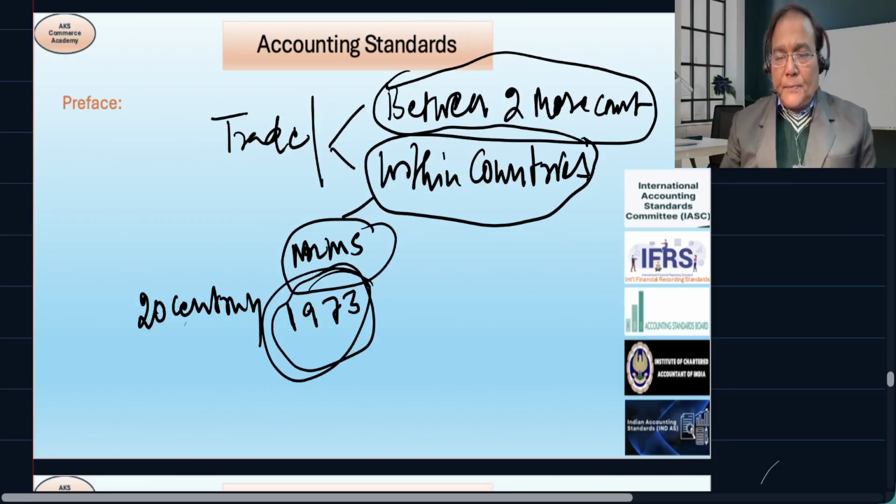Now Indian Accounting Standards, which have been developed and suggested by the board, finally came into practice.